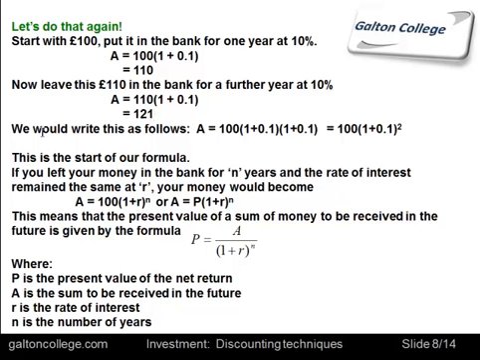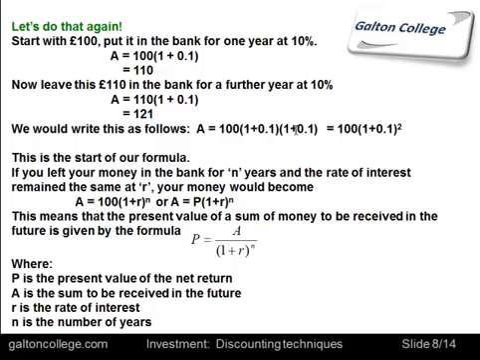Now we could write this as follows. A equals the £100 we put in times what we get back after the first year and the second year. A is equal to 100 times 1 plus the rate of interest, 0.1, 1 plus the rate of interest squared.